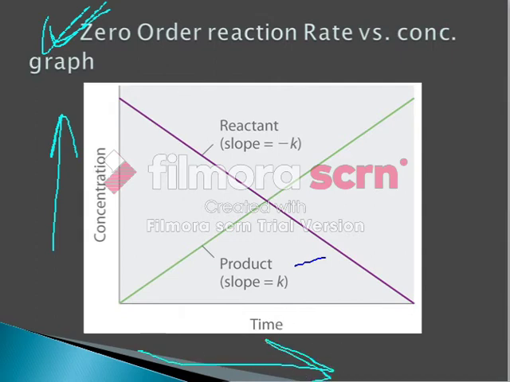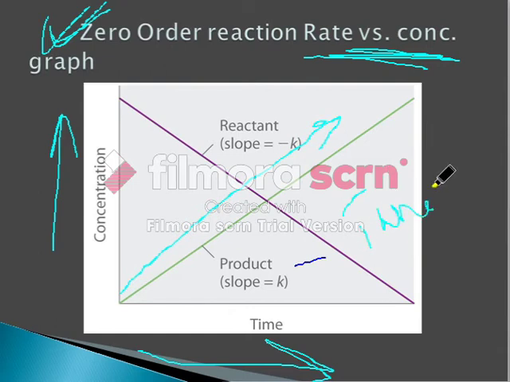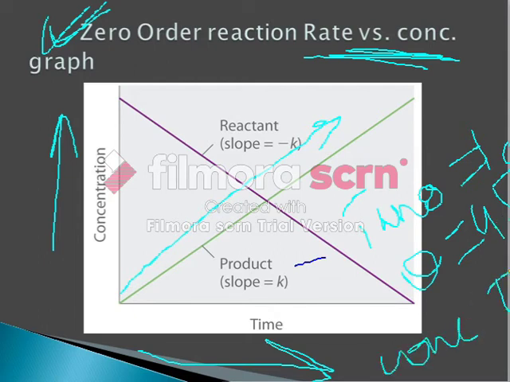If we see the product graph, it goes constantly like this. You can see that tan theta equals 1. The inclination is theta equals 45 degrees, such that concentration and time are directly proportional.